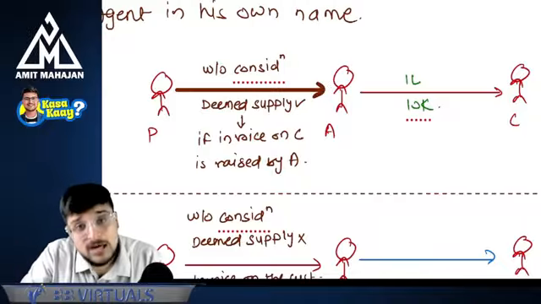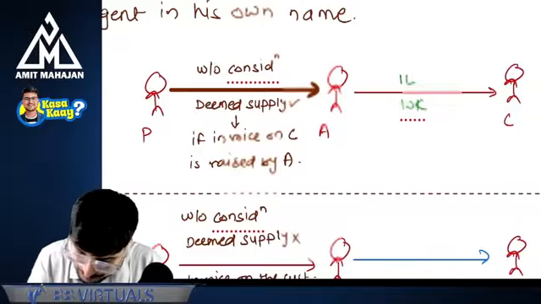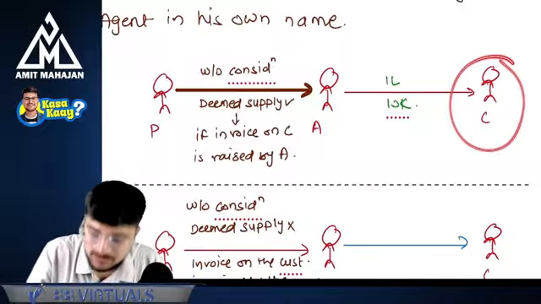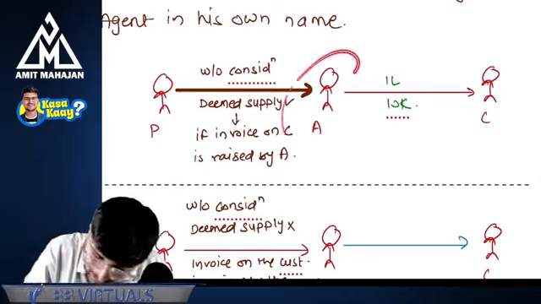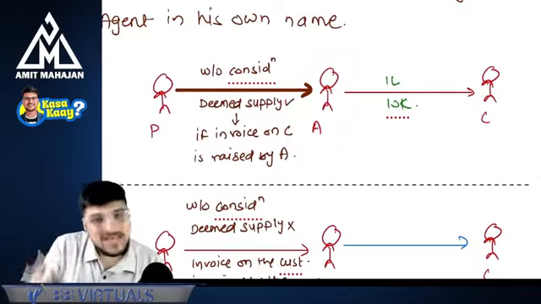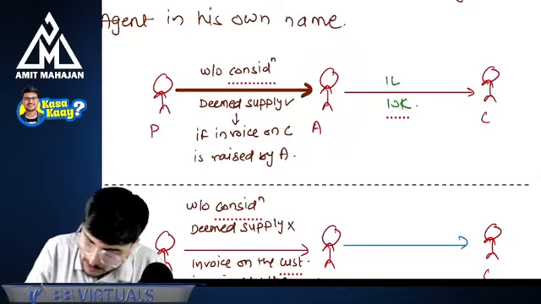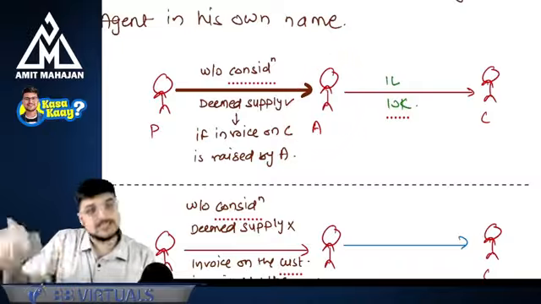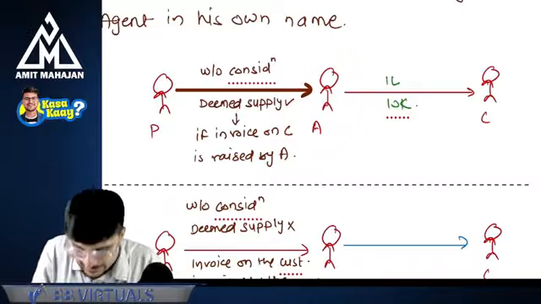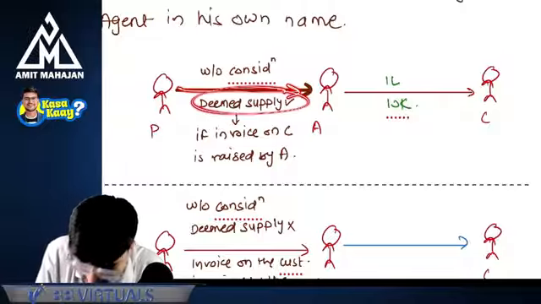Why? And when will it be considered as deemed supply? When the invoice on the customer is raised by this agent in his own name, then this transaction will be considered as deemed supply.